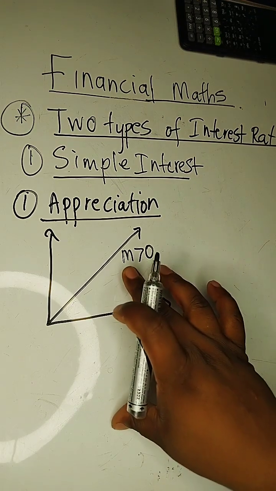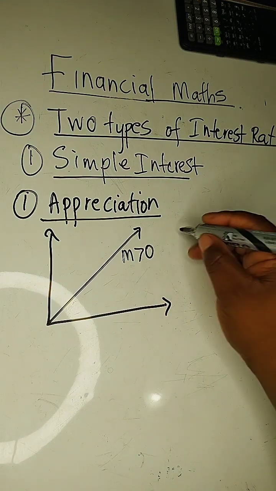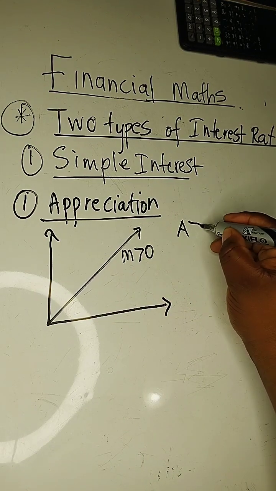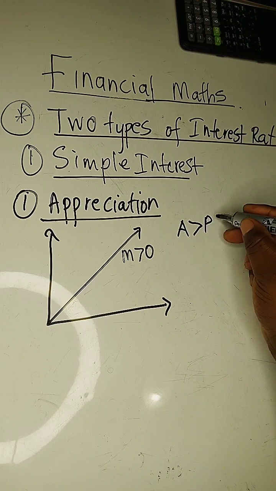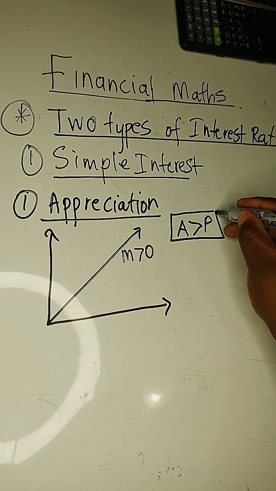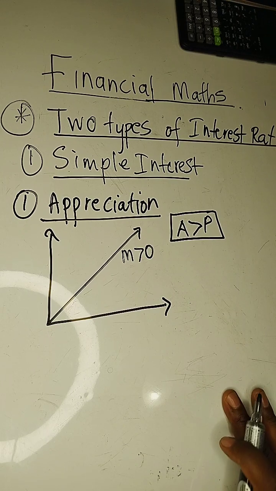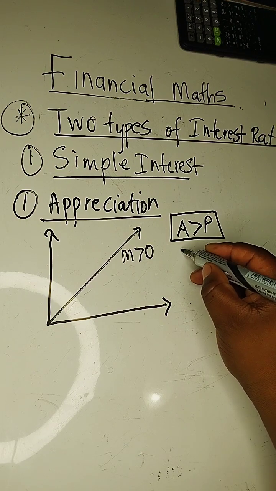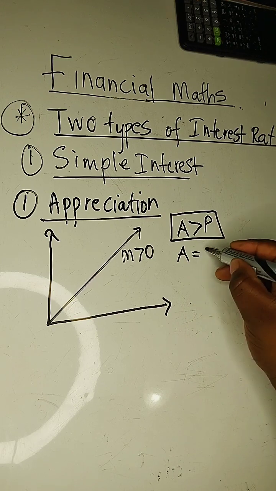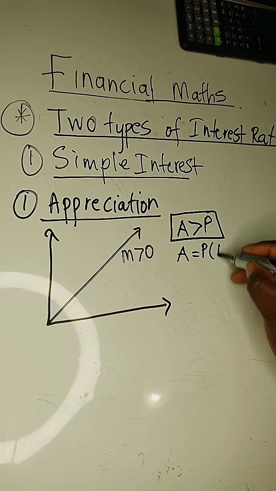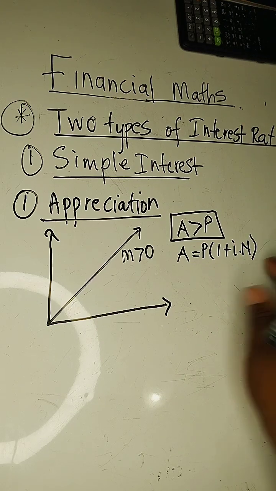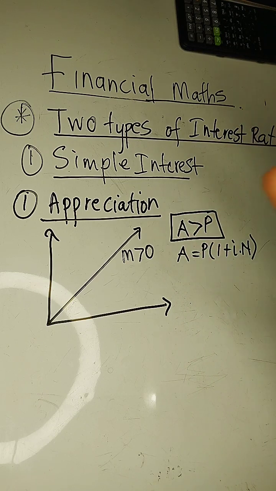It means when m is greater than 0, we know that A is greater than P. That's the first thing. Come with me. If it's so, it means that A is equal to P into 1 plus i times n. This is our formula for appreciation.